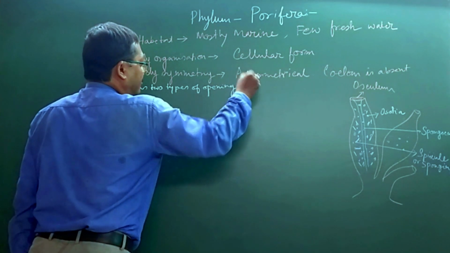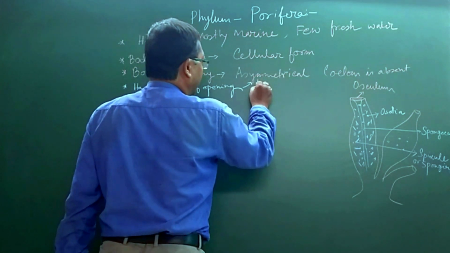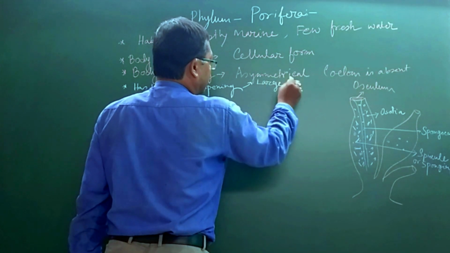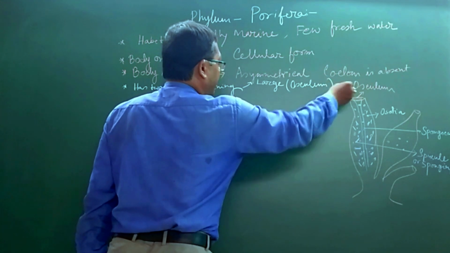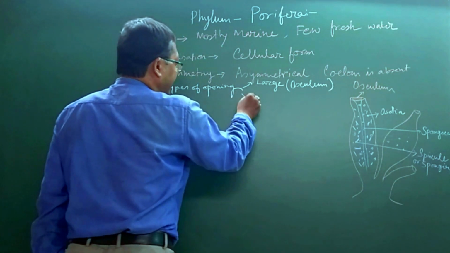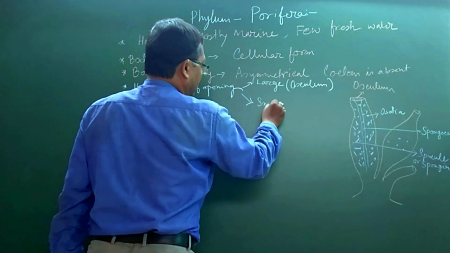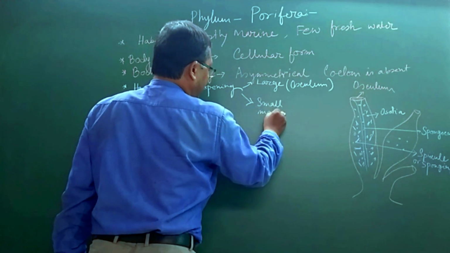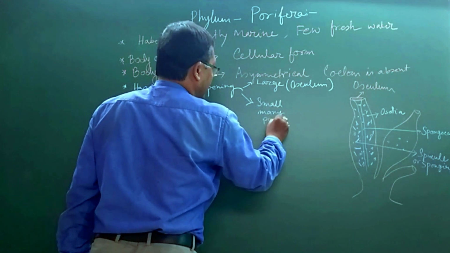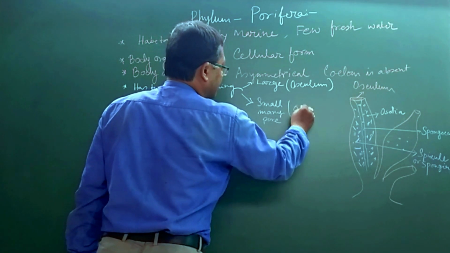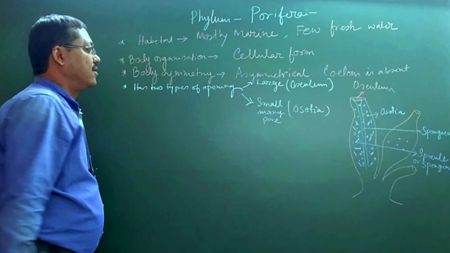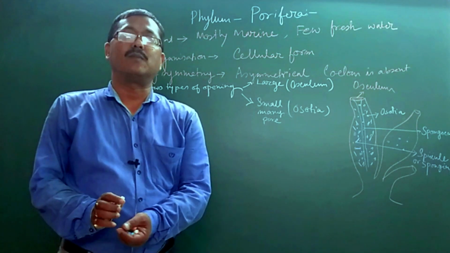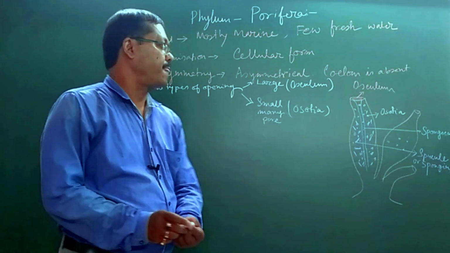One is called the osculum, which is large, and its number is one. And there are many small pores, called ostia. What is the function of these two types of pores?